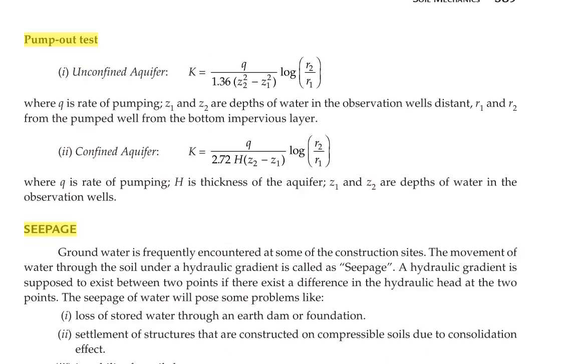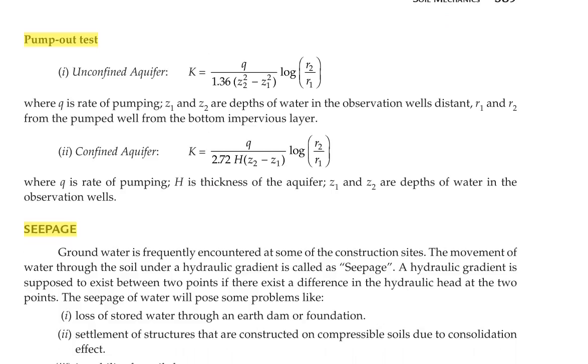In unconfined aquifer, the formula for finding the coefficient of permeability K is equal to q divided by 1.36 into (Z2 squared minus Z1 squared) into log R2 divided by R1, where q is the rate of pumping, Z1 and Z2 are the depths of water in the observation wells at distances R1 and R2 from the pumped well, measured from the bottom impervious layer.